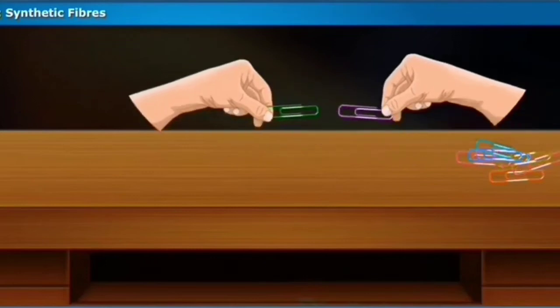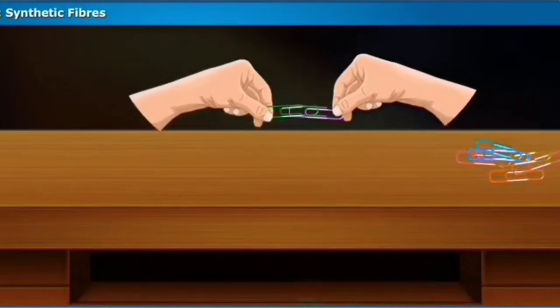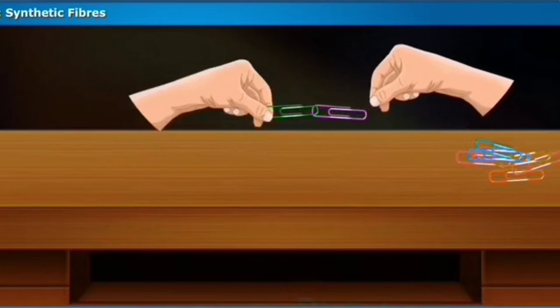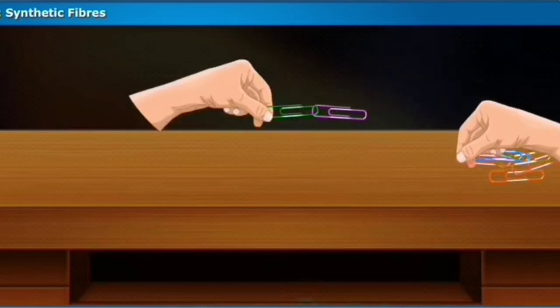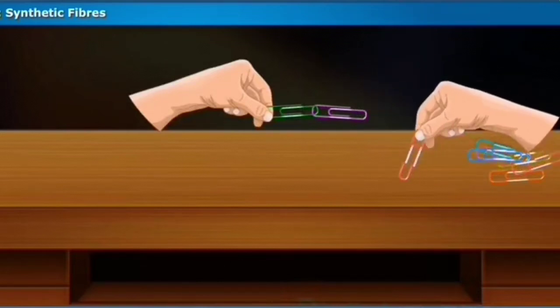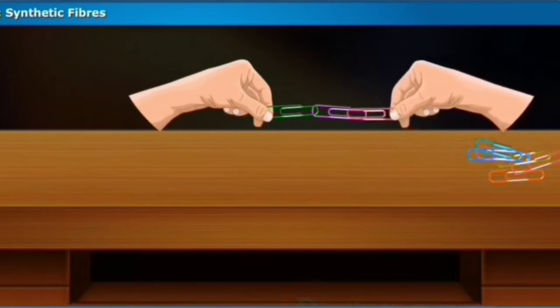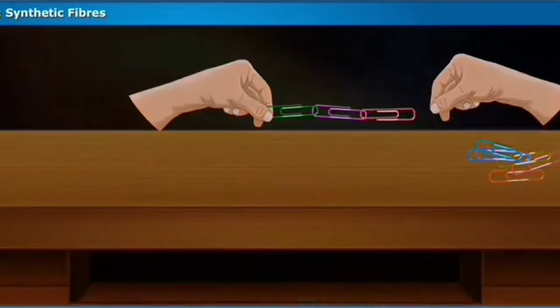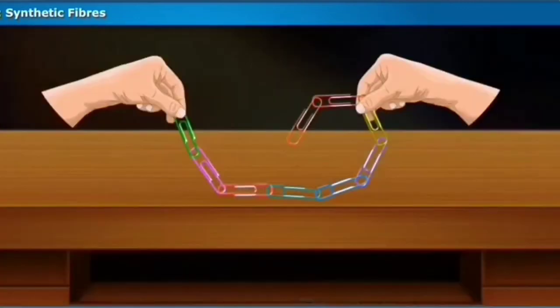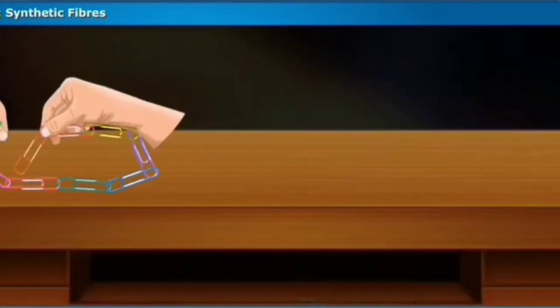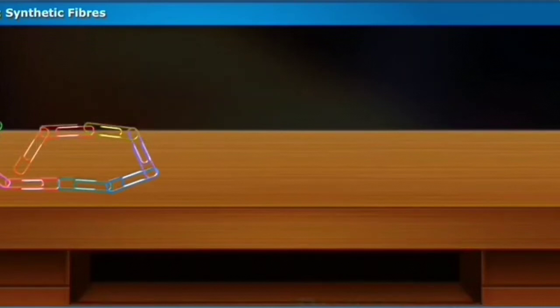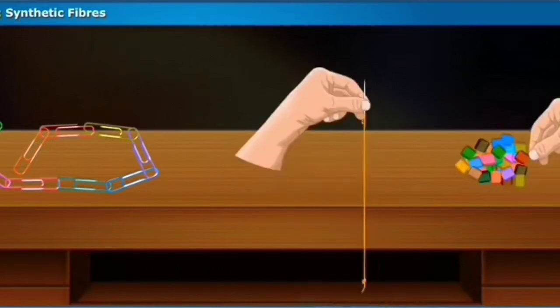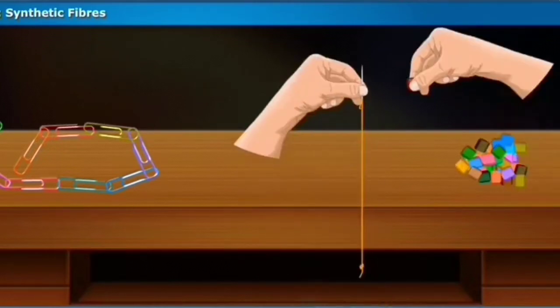Take a few paper clips, join them together and observe the pattern of paper clips. Similarly, take a few beads, join them together with the help of a thread and needle to make a necklace.